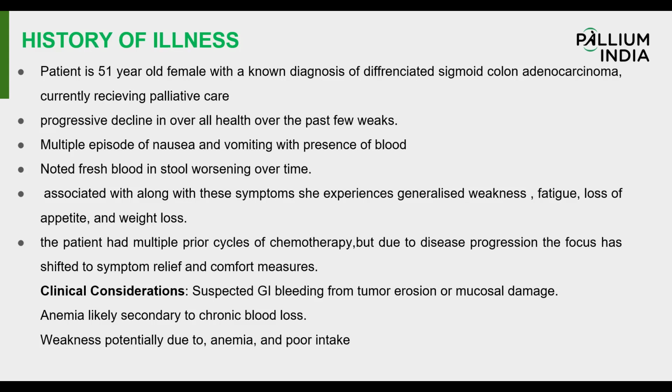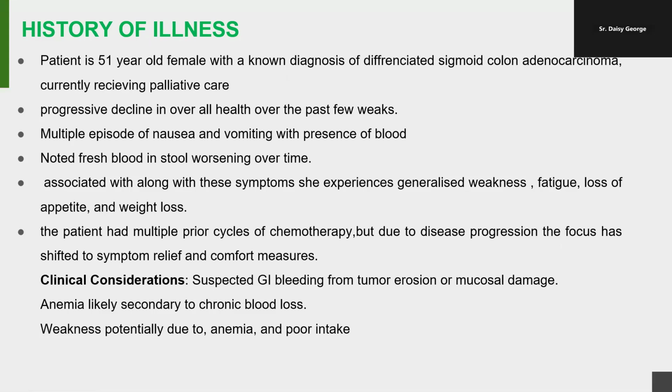Yeah, continue. Multiple episodes of nausea and vomiting with the presence of blood. Noted fresh blood in stool worsening over time. Associated along with these symptoms, she experiences generalized weakness, fatigue, loss of appetite, and weight loss.